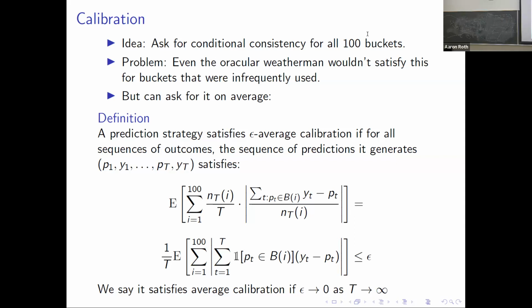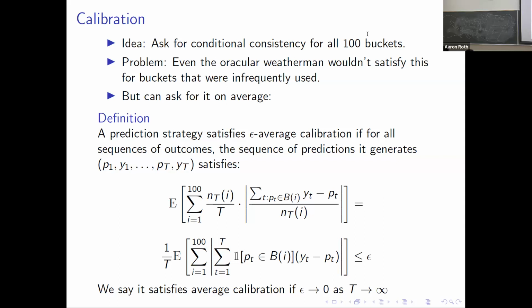Okay. But in particular, the way we've set this up is that we say that a prediction strategy, which is maybe an algorithm for coming up with these predictions as a function of the past, is supposed to pass this test on any sequence of outcomes, even a sequence of outcomes that is generated by an adversary. If the sequence is generated by an adversary, there are no true underlying probabilities.